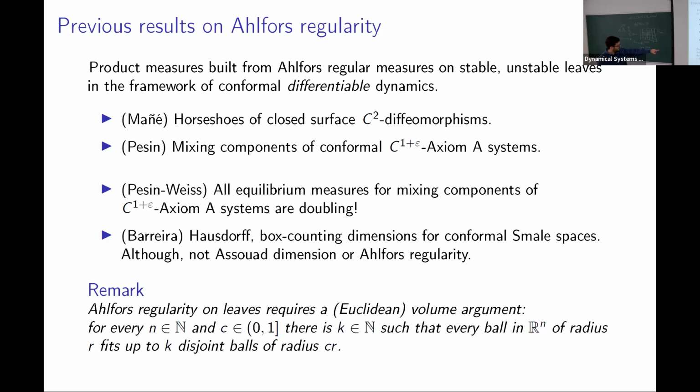To compute this Ahlfors regularity, you need somehow to control the doubling, how many balls can fit inside one ball. And in a Euclidean space, you have the following volume argument. For every dimension n and constant c, you can find a k so that every ball of radius r in Rn fits up to k balls of radius c times r. This is what you have in a Euclidean space.